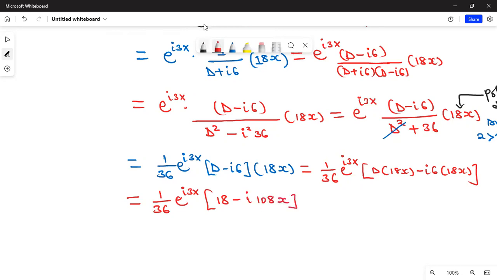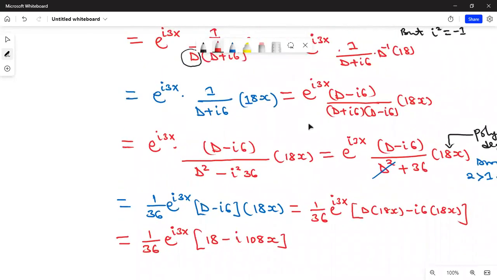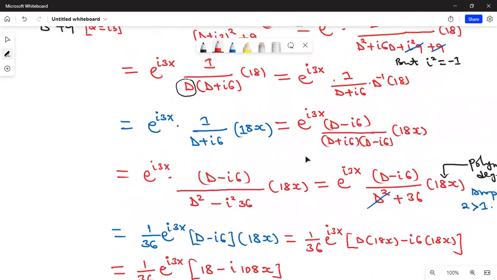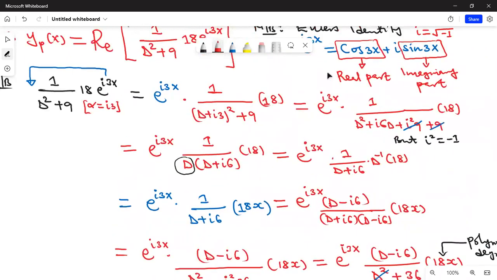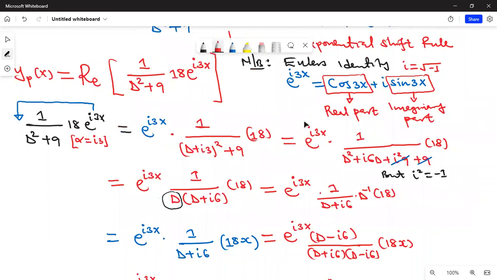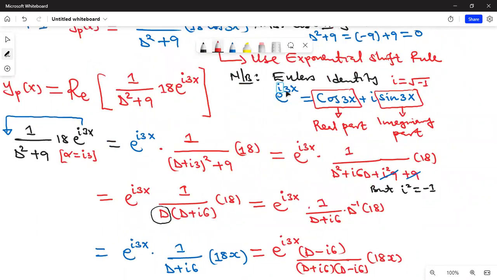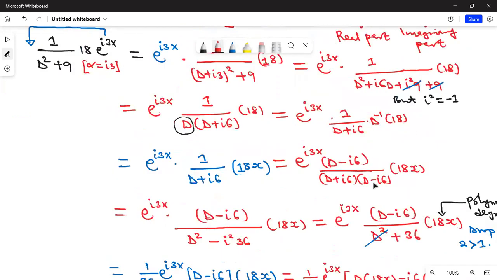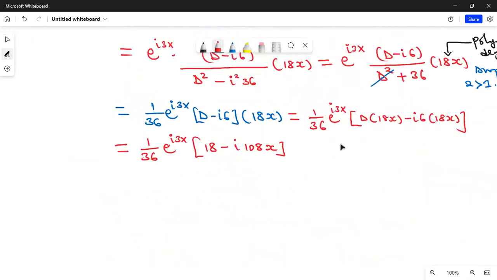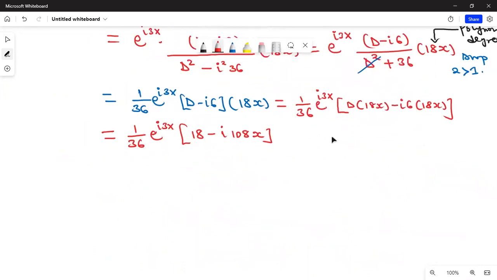But you also need to replace the exponential I3x. So we need to go back to the Euler's identity. Let's check where we defined it, Euler's identity. Where we have exponential I3x, that is the same as cosine of 3x plus I sine of 3x. So that's what I'll write here. Let me replace it.